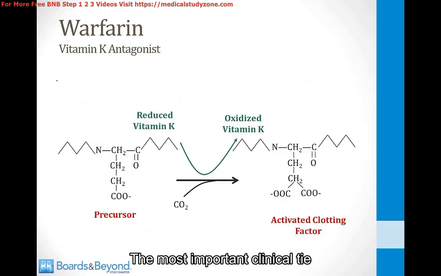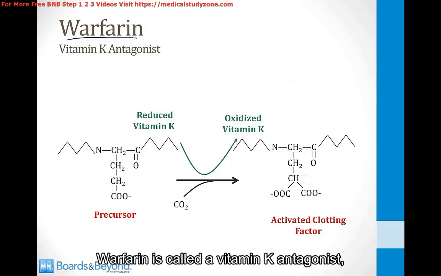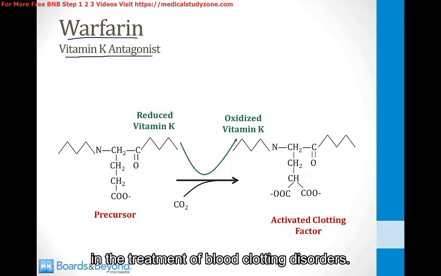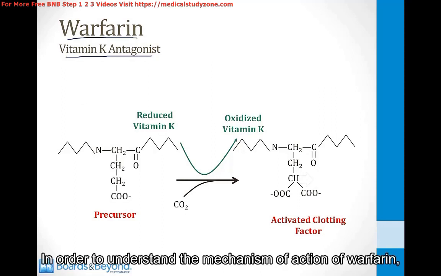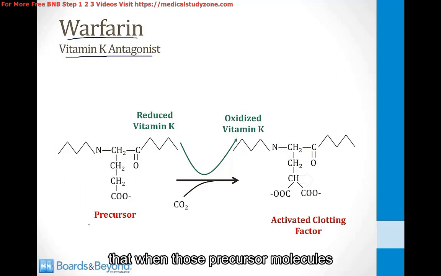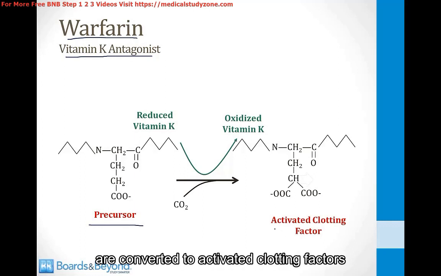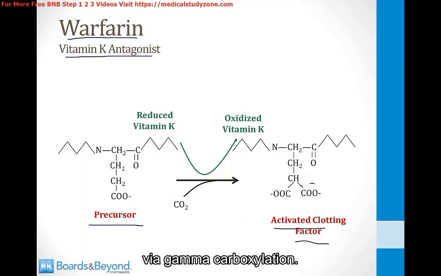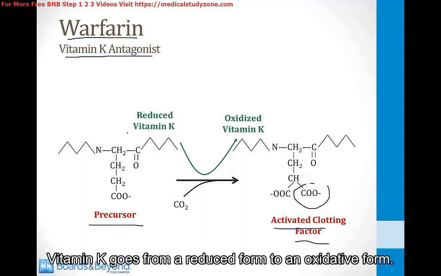The most important clinical tie-in of vitamin K biochemistry has to do with the drug warfarin. Warfarin is called a vitamin K antagonist, and it is given in the treatment of blood clotting disorders. In order to understand the mechanism of action of warfarin, you need to understand that when those precursor molecules are converted to activated clotting factors via gamma carboxylation, vitamin K goes from a reduced form to an oxidative form.